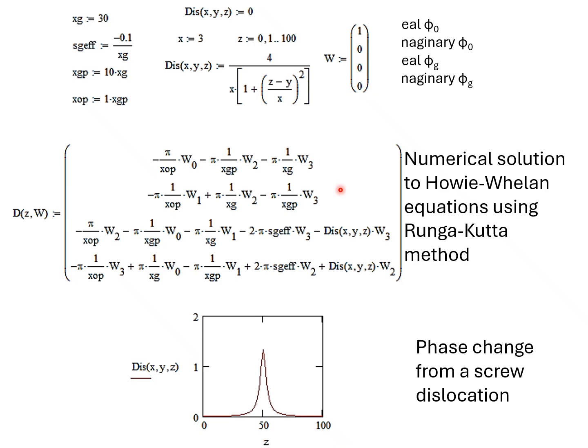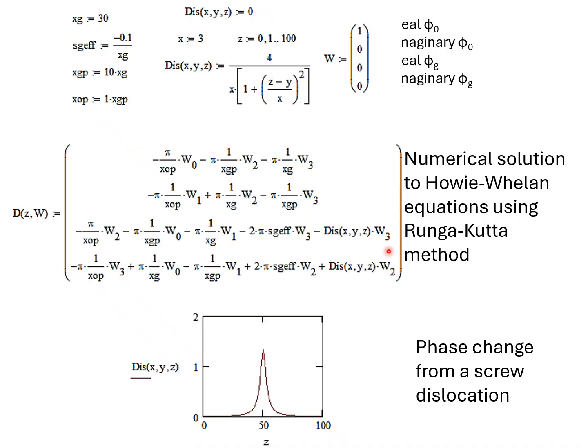But how these different components, the real and imaginary parts, change depends on the other entries. We have the real and imaginary parts of the direct beam and the real and imaginary parts of the diffracted beam.